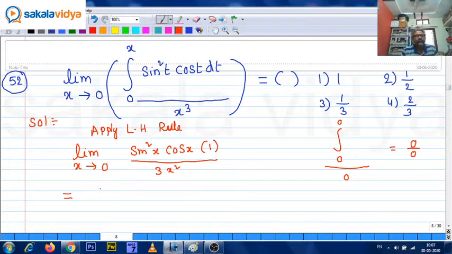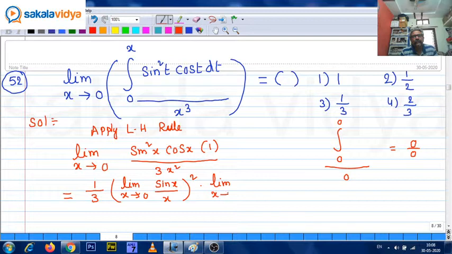This becomes a limit problem. We can write 1 by 3 common, limit x approaches 0, sin x by x whole square, into limit x approaches 0 cos x. Limit x approaches 0 sin x by x is 1. Limit x approaches 0 cos x is 1.